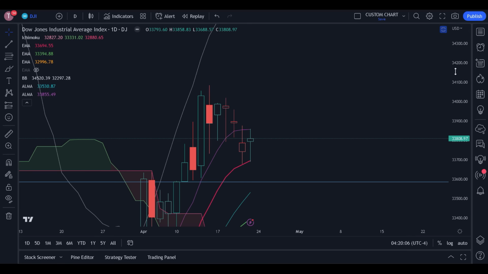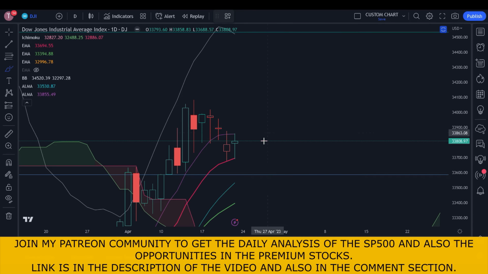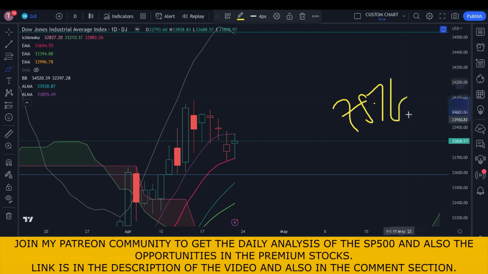The Dow Jones is under a kind of pattern. Not actually through the technicals. Through the technicals, it is already up to 80%, 75% to 80% bullish.